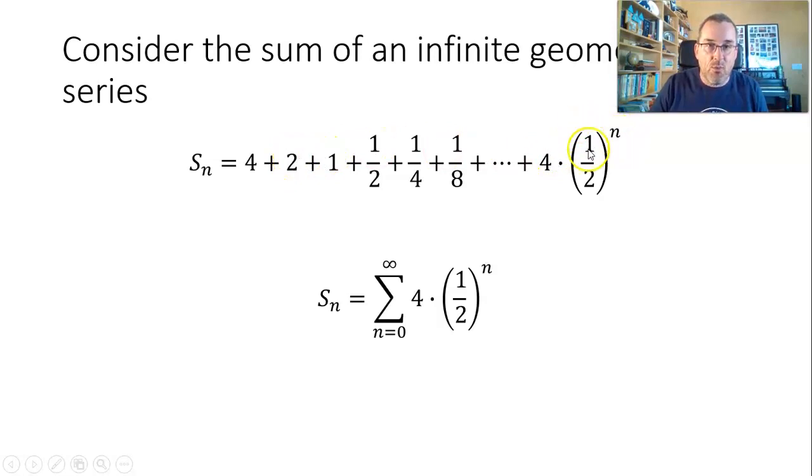When n is 2, 1/2 squared, 1/2 times 1/2, 1/4, times 4 is 1, etc., etc., etc. So we could, if we wanted to, collect this into a single statement and say what we're going to do is we're going to sum up from the 0th to the infinitely many terms of this geometric series. And the question is, does the series converge or diverge?